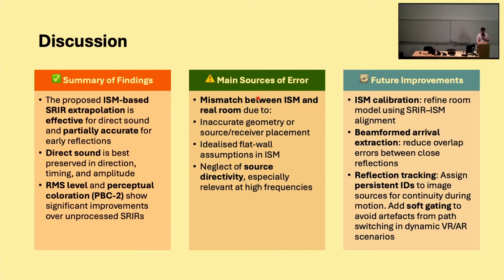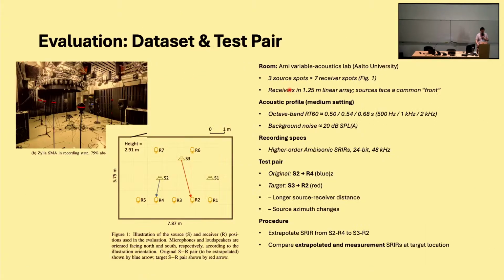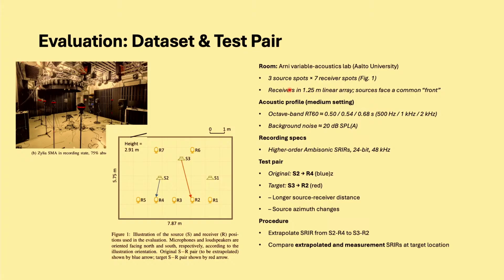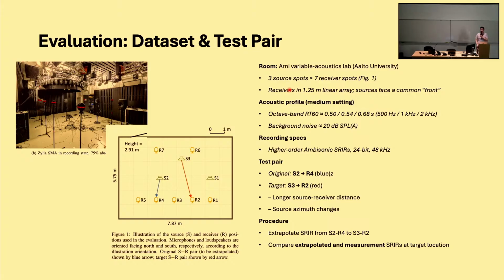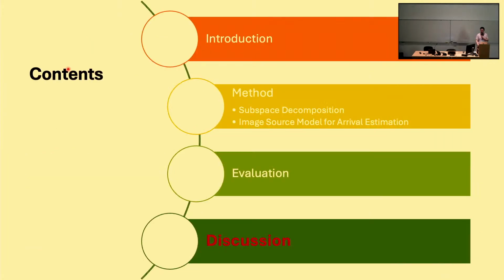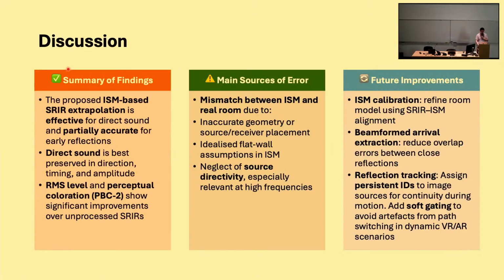The main source of the error comes from two parts. Firstly, the room we did the measurement in is not ideally a shoebox. You have all this small stuff on the ceiling, which is hard to model in this method.